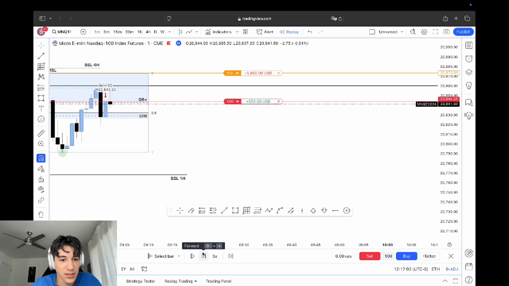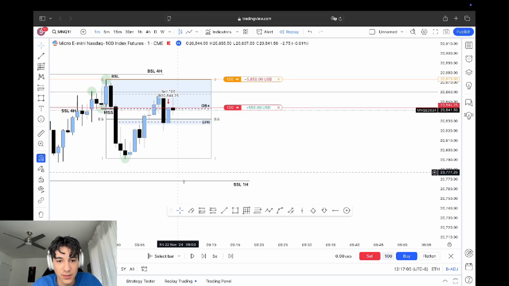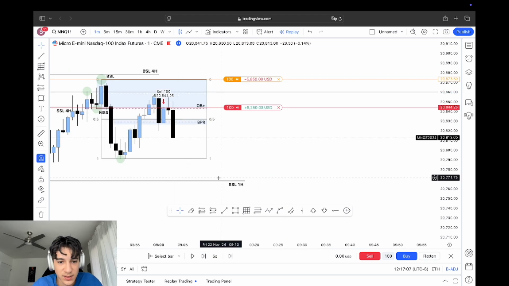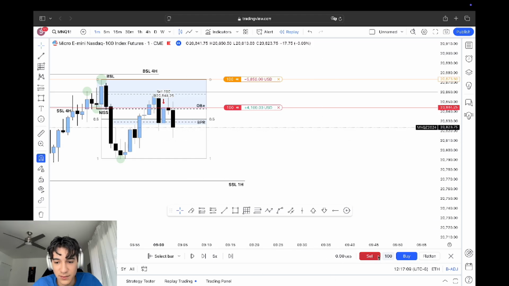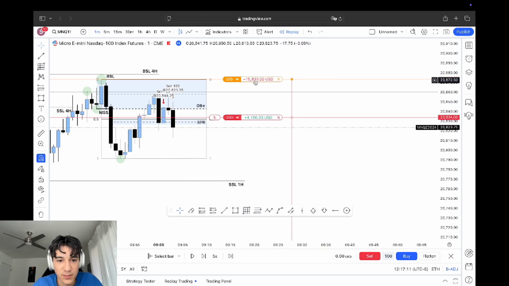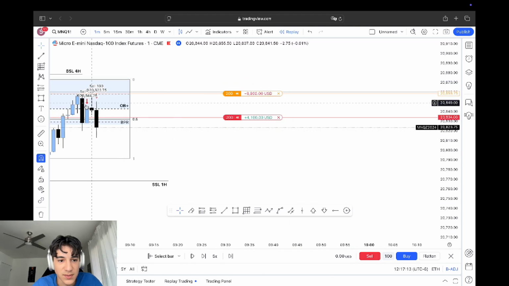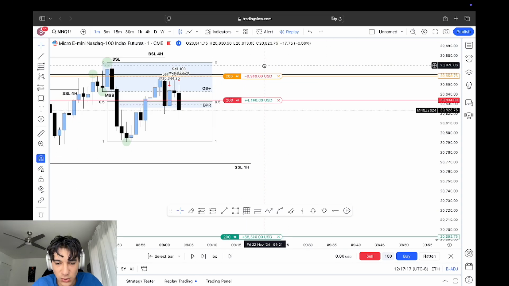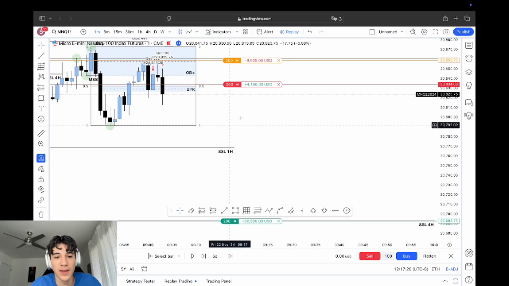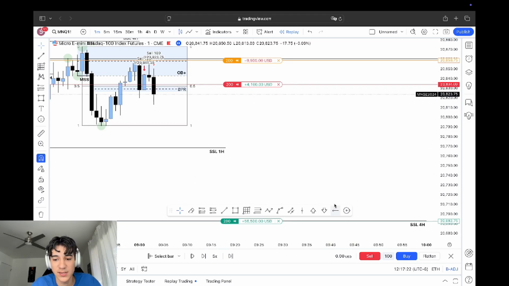I'd probably scale in whenever this BPR gets disrespected like that. Perfect. Another position here, and then I'm putting this stop on top of this original high just because I don't think price is going to come back there. And then I'm just going to leave it.